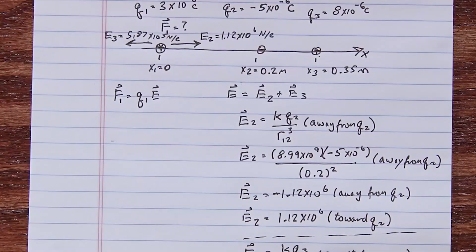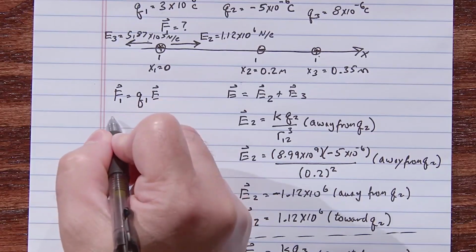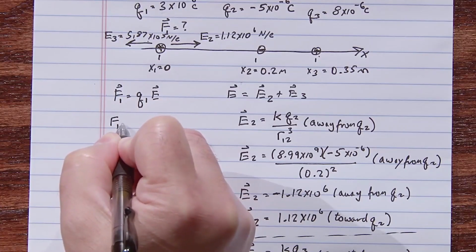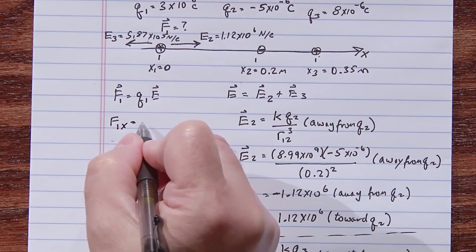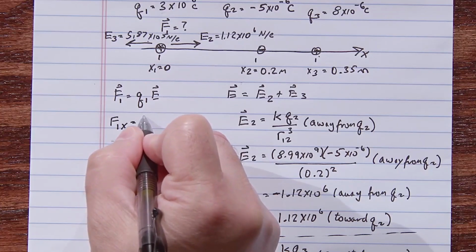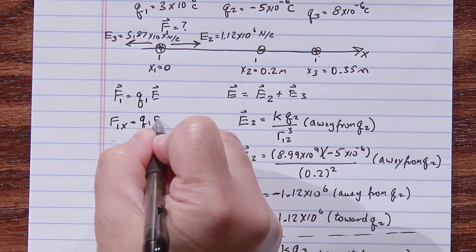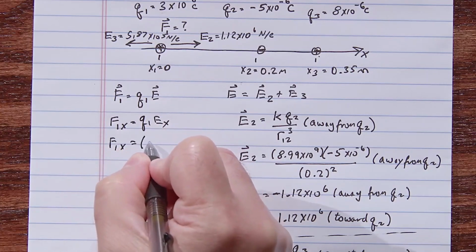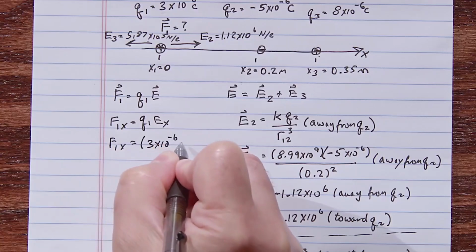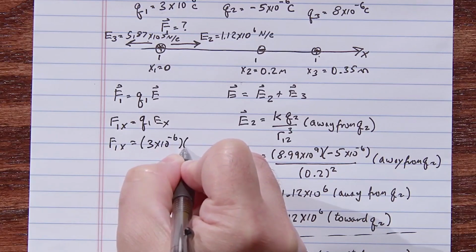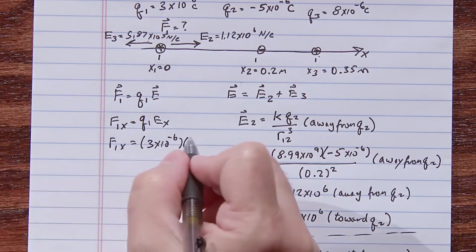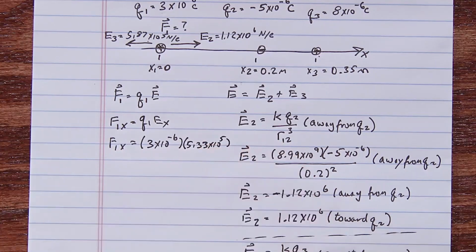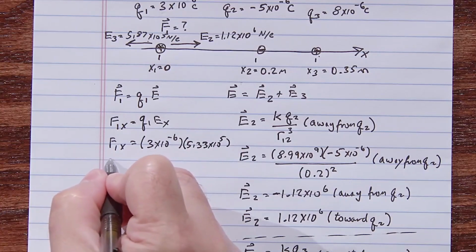Okay, so now that we know the electric field, we can say that the force on charge 1 in the x direction is equal to Q1 Ex. So force 1 in the x direction would be 3 times 10 to the minus 6 coulombs times 5.33 times 10 to the 5 newtons per coulomb in the positive x direction.